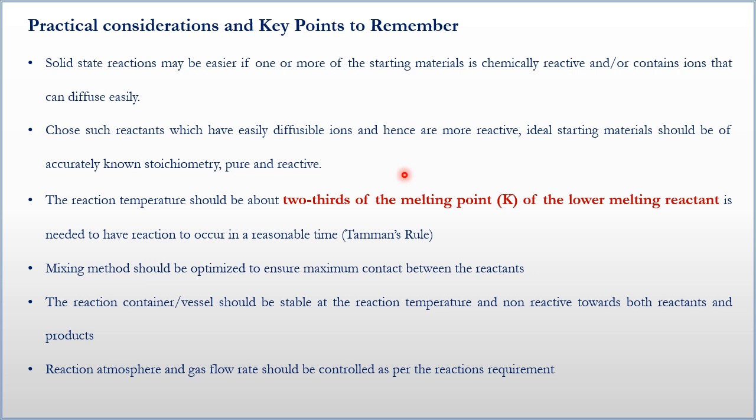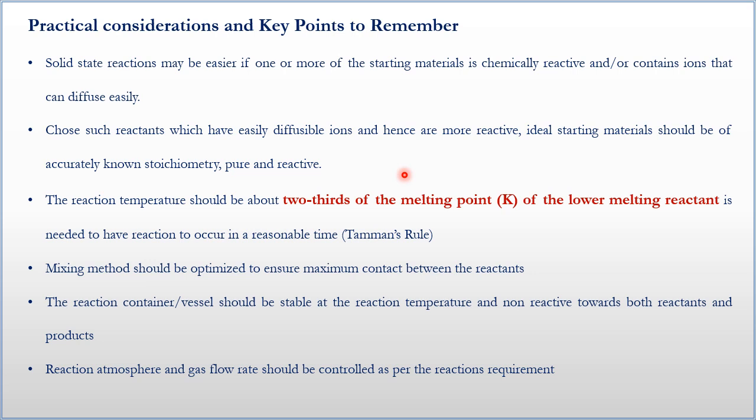So in case of A and B, if your B is lower melting, like B melts at 700 degrees centigrade, A melts at 1000 degrees centigrade, you have to carry out the reaction in such a manner that your reactant B, with the melting point at 700 degrees centigrade, should react with A at a temperature much below 700 degrees centigrade.